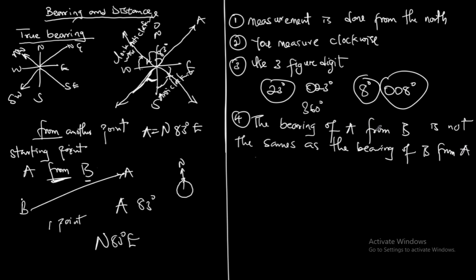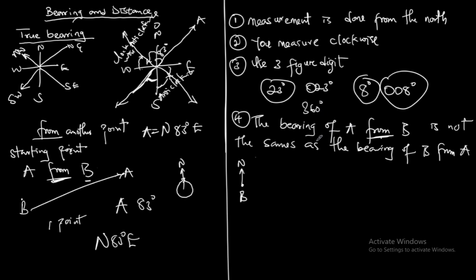Now, like I said, from indicates the starting point. The bearing of A from B indicates that the bearing or the measurement starts from the point B. So if this is my point B, for example, always having the north pole because your measurement starts from the point. If I'm going to measure or draw the bearing of A, it has to start from B.